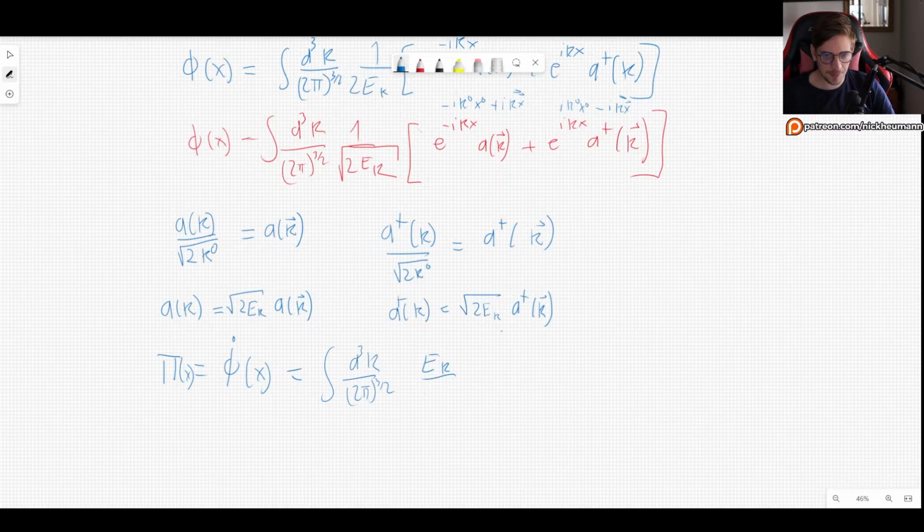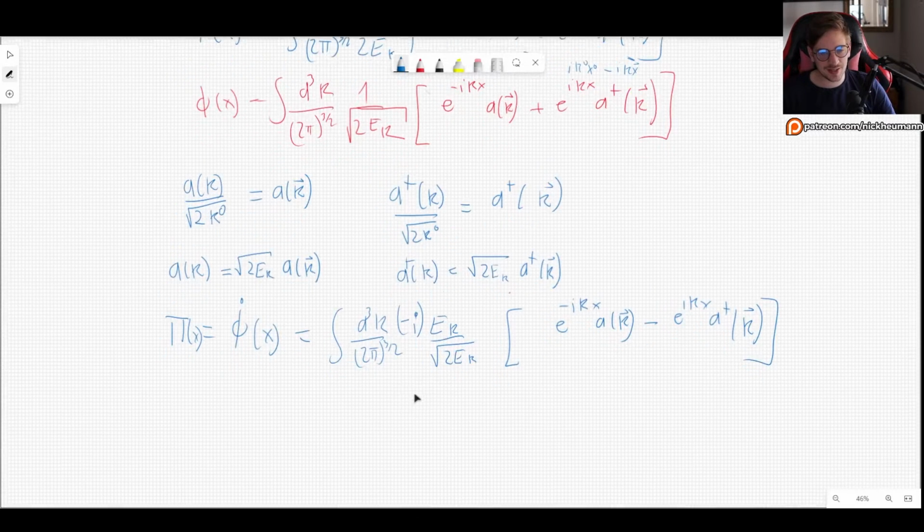So ek times square root of 2ek, and we also have an i. And then we have minus e to the minus i kx, a of k vector, plus e to the i kx, a dagger of k vector. Now something we will do is just take out a minus sign so that we end up with this minus that. Basically just changing where the minus is. And that is pi.